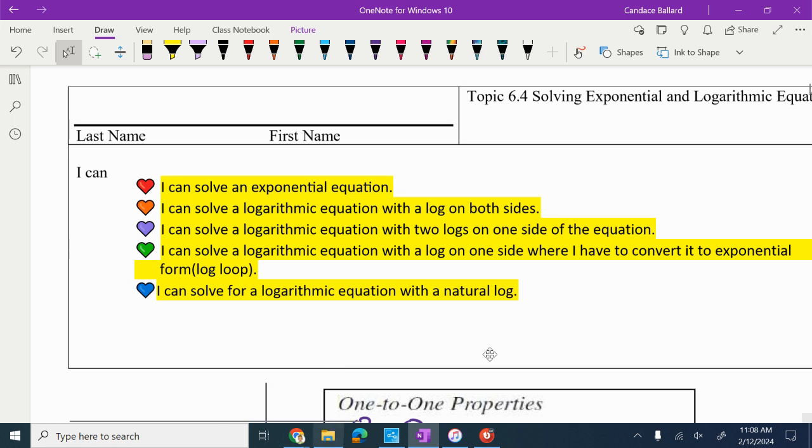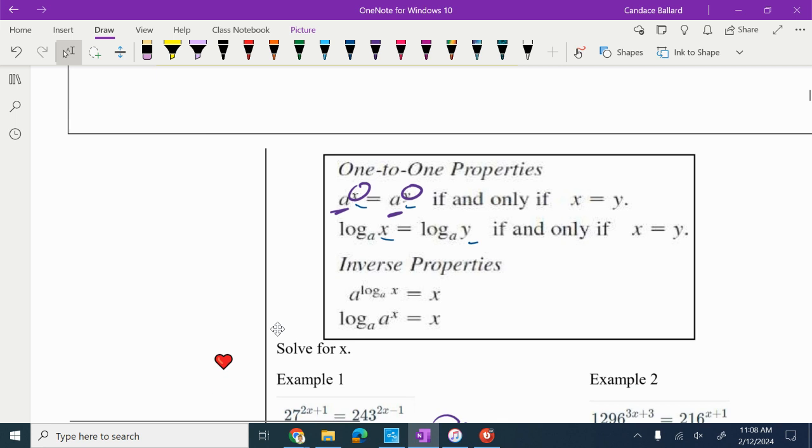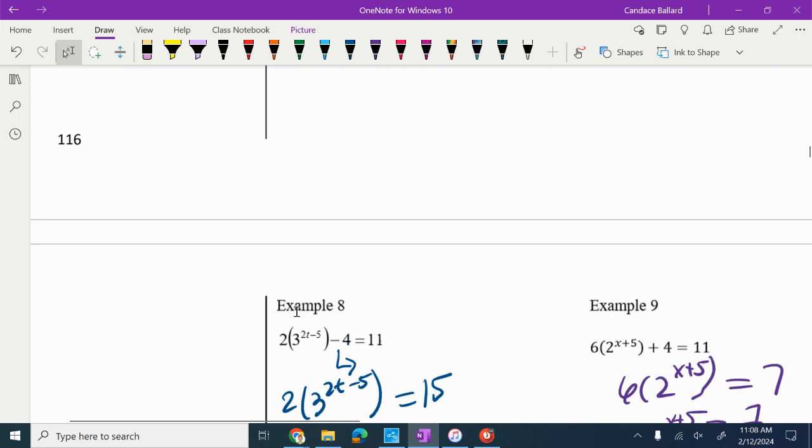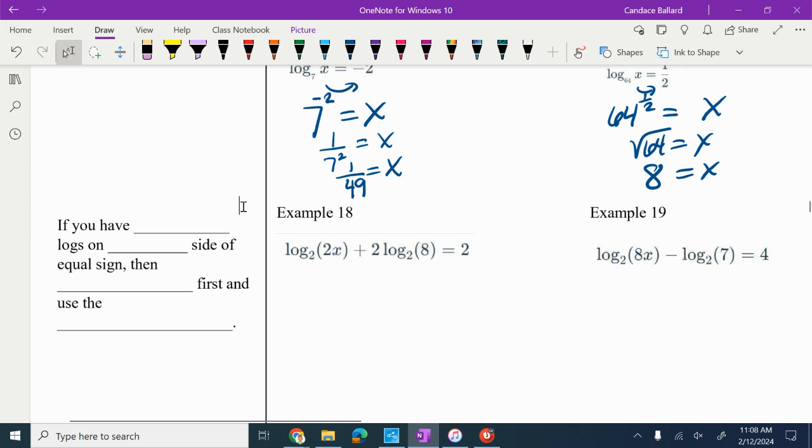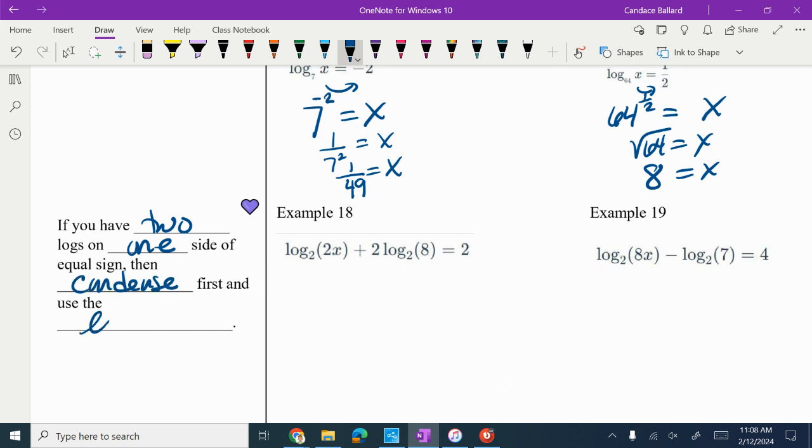Okay. All right. So we're going to label these next few with the purple heart. Again, similar. We're going to add to what we were doing just a little bit. If you have 2 logs on one side of the equal sign, then you condense first and then use the log loop.